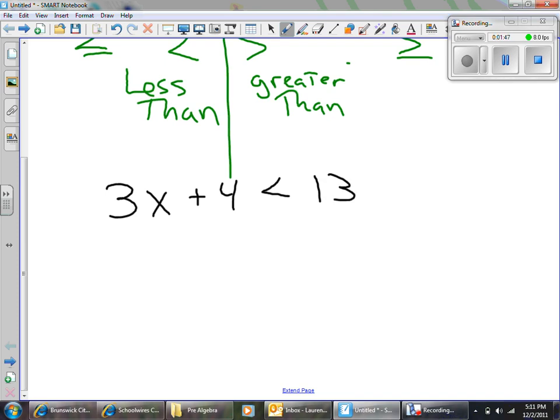All right, I'm going to pretend it's just like an equality. I'm going to do it the same exact way. I'm going to use my SADMEDS questions. Subtract, undo subtraction and addition before undo multiplication and division. That's what SADMEDS tells me to do.